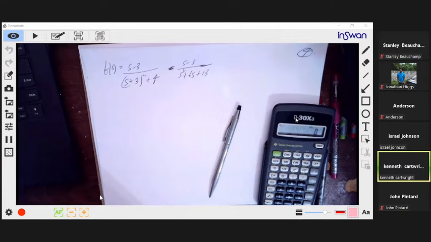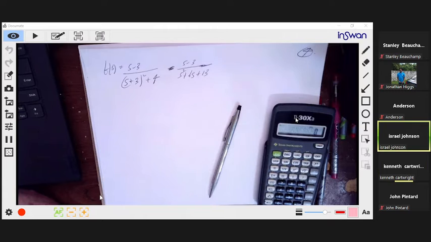Mr. Johnson, please work out that first quadratic and answer your own question. What's s plus 3 squared? S squared plus 6s plus 9. Please send me the roots in chat.